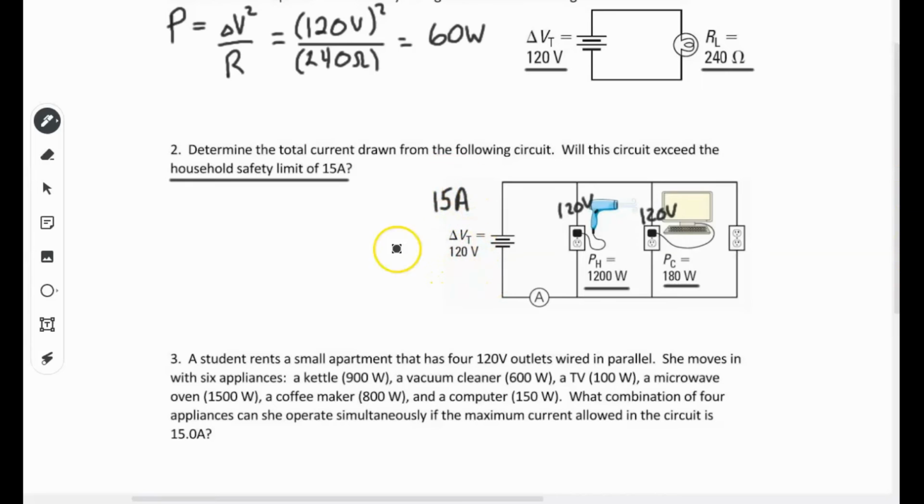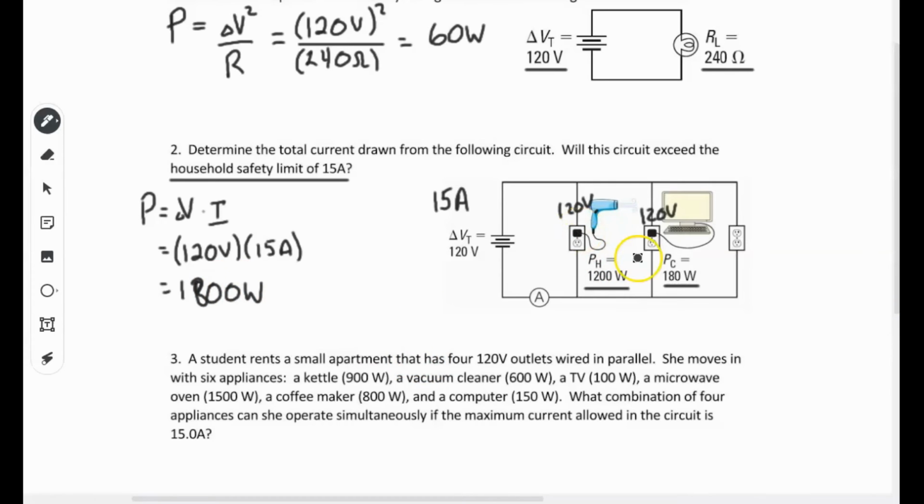We have amps and voltage, so the maximum power would be that potential difference times current, which in this case is 120 volts times 15 amps. That's going to give us 1800 watts. And since current is going to add, so will the power.